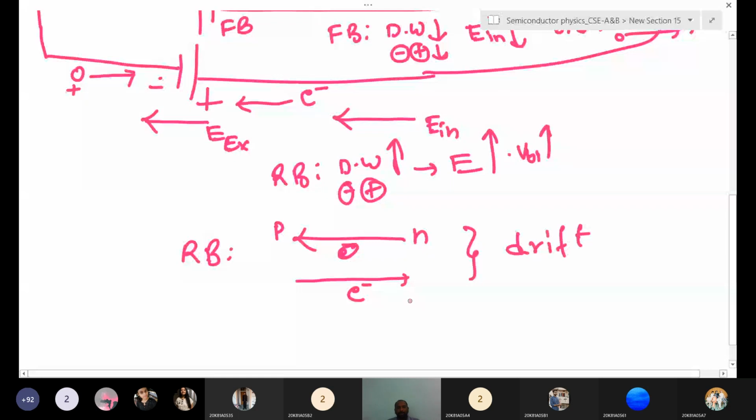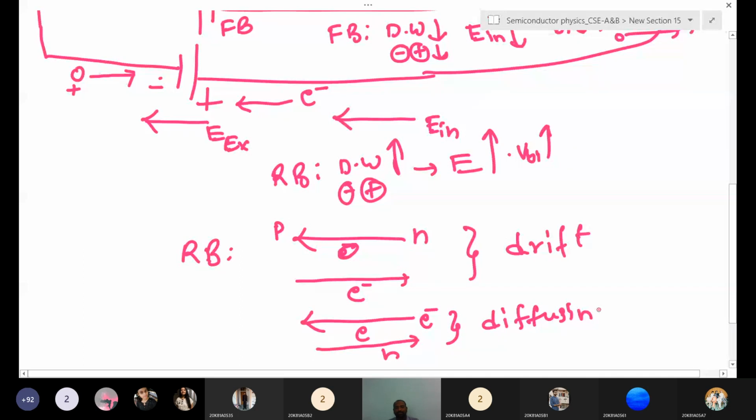But we know that in n-type semiconductors there are also electrons, and these will also diffuse, and the same thing happens with holes from P. Some of the charge carriers will diffuse from one semiconductor to the other.